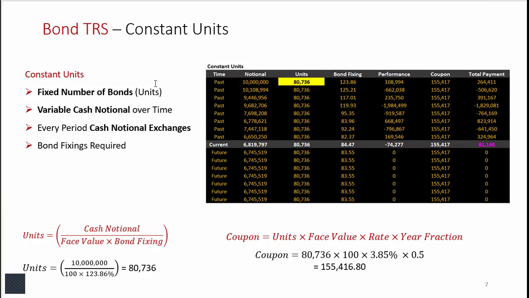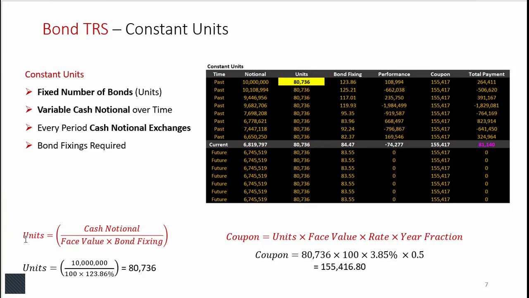What you can see is that in this case the bond units are fixed for every coupon, so this is constant, and the notionals vary because the bond price is varying. Because of that, you'll potentially have a notional exchange every coupon period, which is what we're observing here.